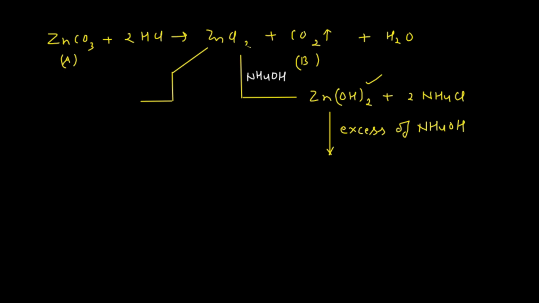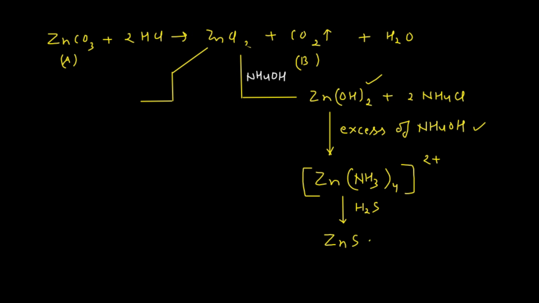A complex ion will form, Zn(NH3)4, it is tetraammine. And then I am passing H2S gas to it, giving zinc sulfide, along with 2 of ammonium ion and 2 of ammonia, just like that. And this is basically zinc sulfide, we all know. It is a white precipitate.